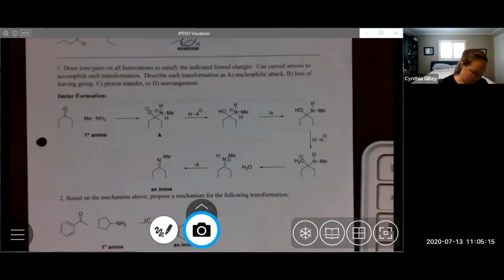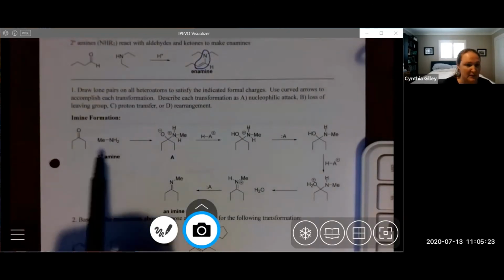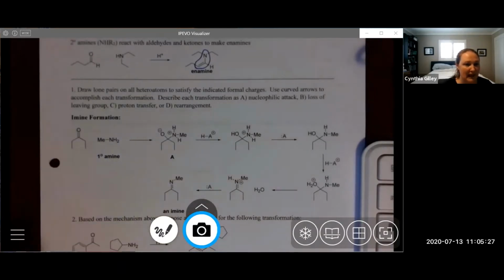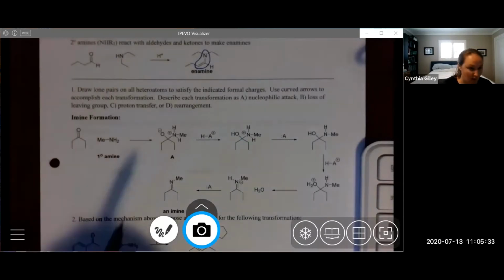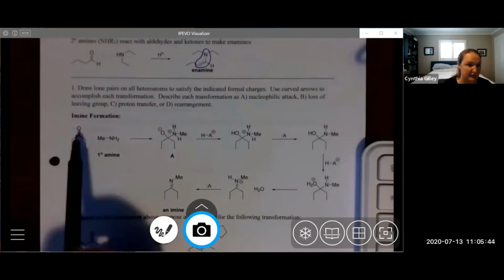Okay, so the first thing that's immediately different is using an amine nucleophile as opposed to an alcohol nucleophile. If you recall, last activity focused on acetals primarily, and that used an alcohol-based nucleophile. The reaction is a little bit different when you use an amine-based nucleophile, in that we don't protonate the carbonyl first.